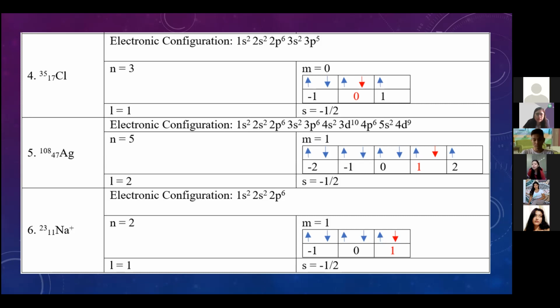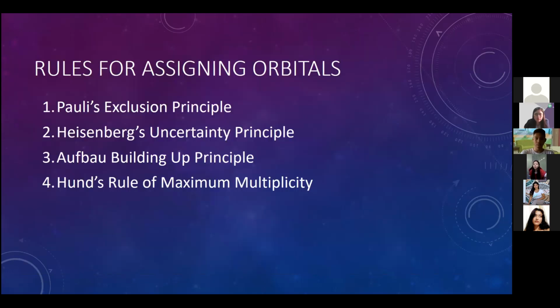Still the ending is downward. Our value for M is 1, and since it is downward, our S will be equal to negative 1/2. And that's it for my part. I will be giving it to the next reporter.